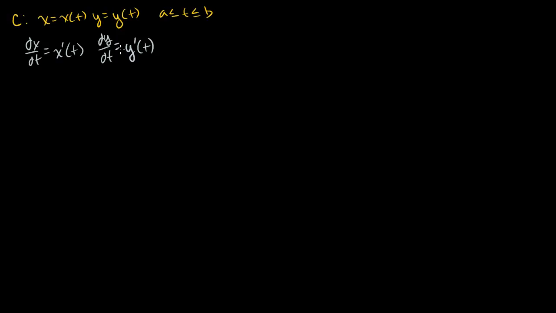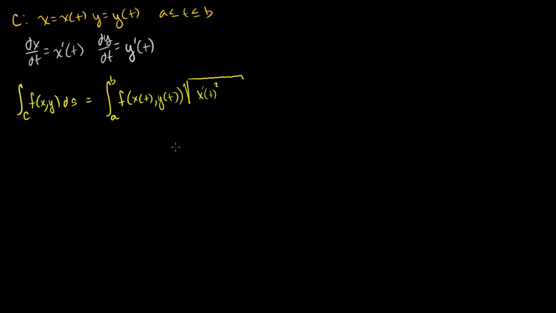This is nothing groundbreaking I've done so far, but we know the integral over c of f of xy ds, where f is a scalar field, not a vector field, is equal to the integral from t is equal to a to t is equal to b of f of x of t, y of t, times the square root of dx dt squared, which is the same thing as x prime of t squared, plus dy dt squared, which is the same thing as y prime of t squared, all that under the radical, times dt.